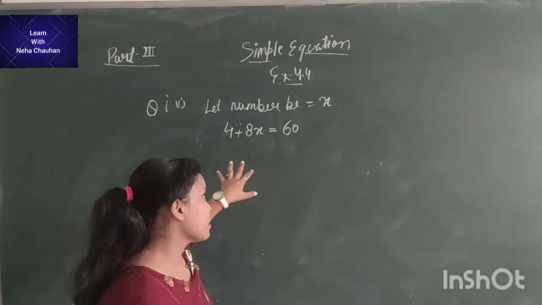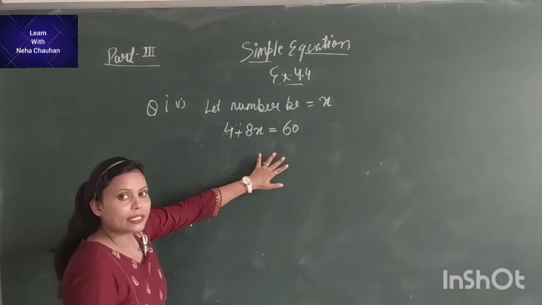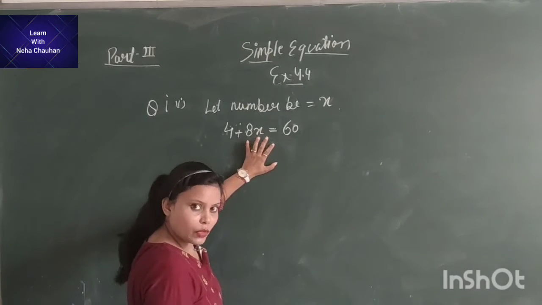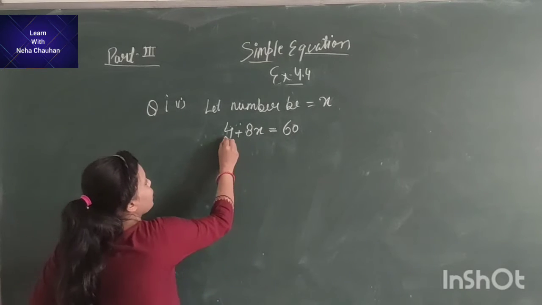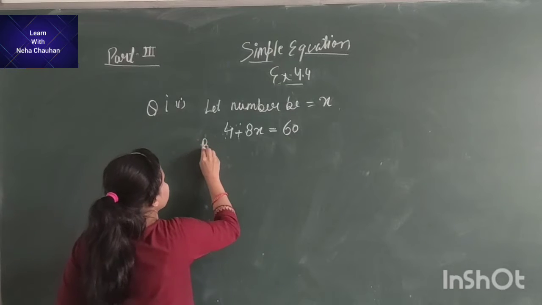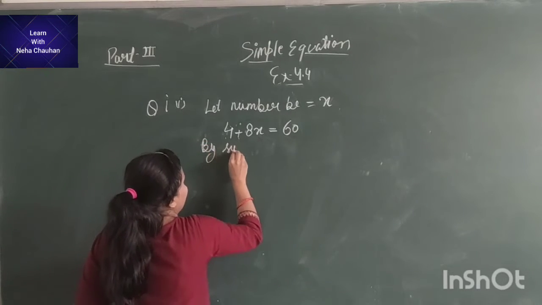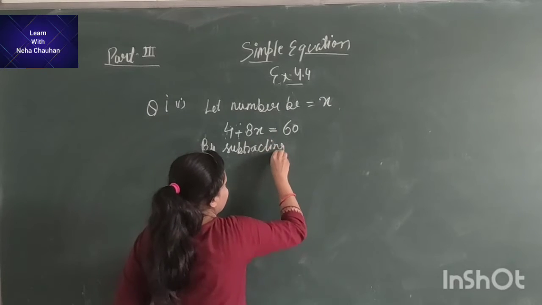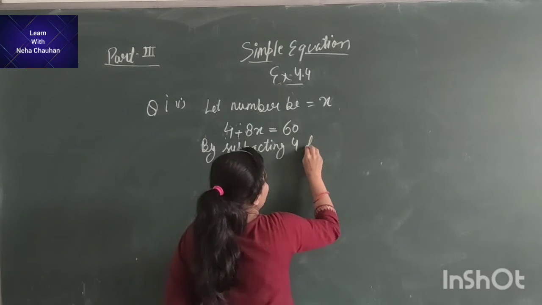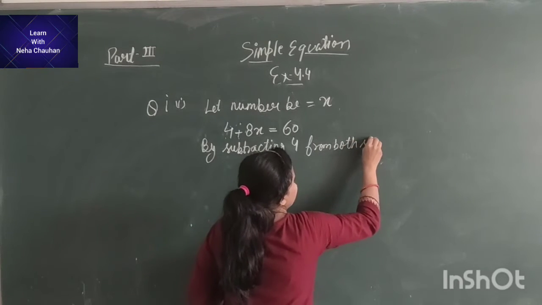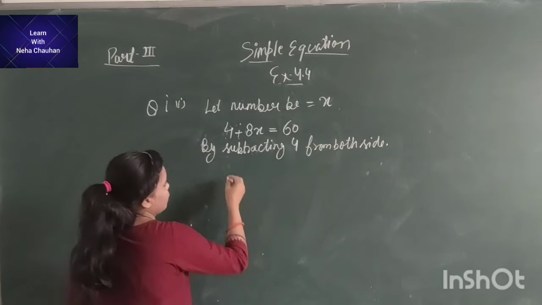Same method: we need to eliminate the extra numbers except the variable. First, 4 is in addition. How will we eliminate this? By subtracting 4 from both sides.